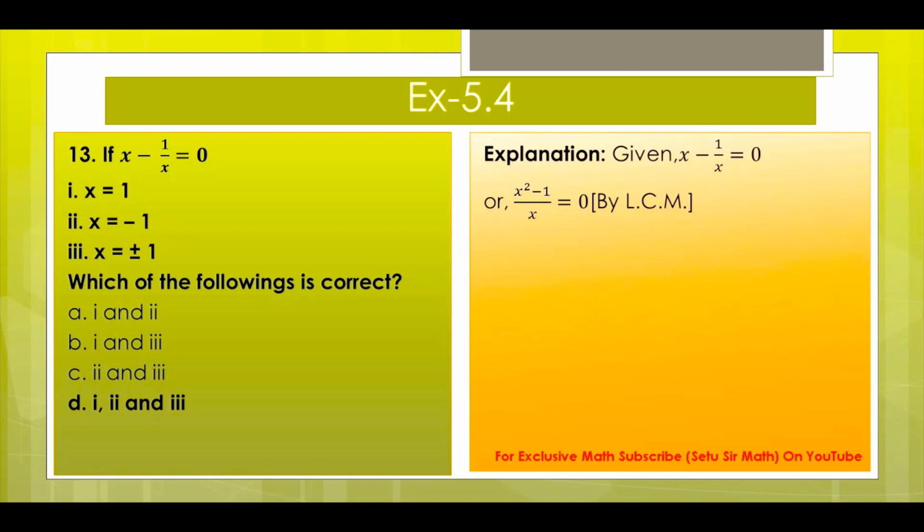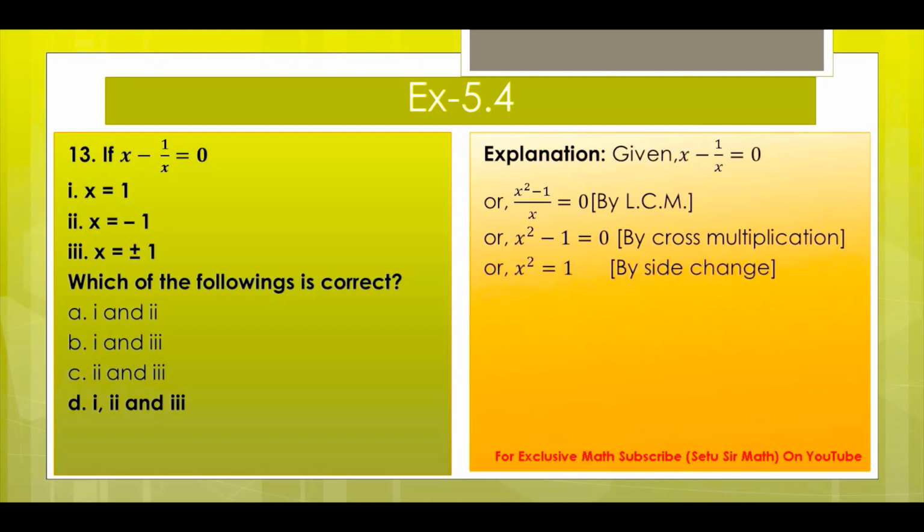If we do the LCM, x and x, that would be x square minus 1 equals to 0. If we do the cross multiplication, x and 0, if we multiply them, we will get 0, and x square minus 1 we will get x square minus 1.